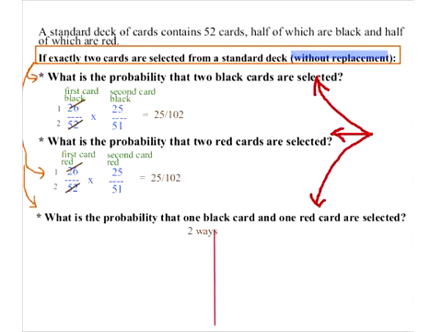The only ways that 2 draws from a deck can turn out are these 3 ways. You can either get 2 blacks, 2 reds, or 1 black and 1 red. Smiley face if that makes sense, that those are all the possibilities.